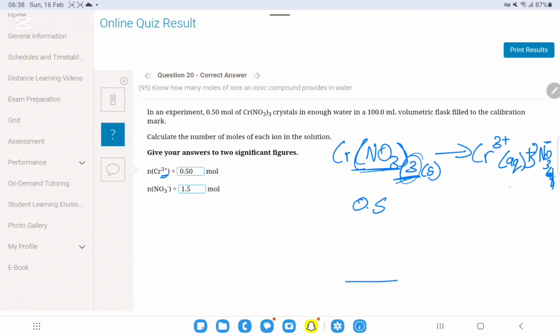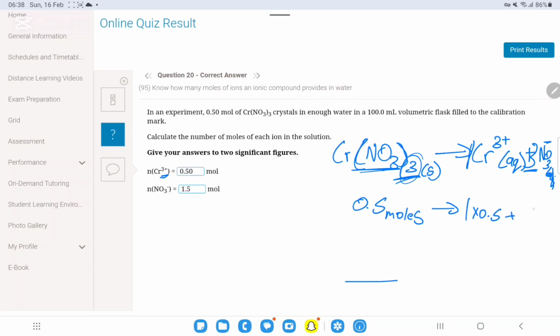And then to find the moles of each ion, you multiply the moles of the solid we began with by the coefficient. So 0.5 moles. Here coefficient is 1, so 1 times 0.5.